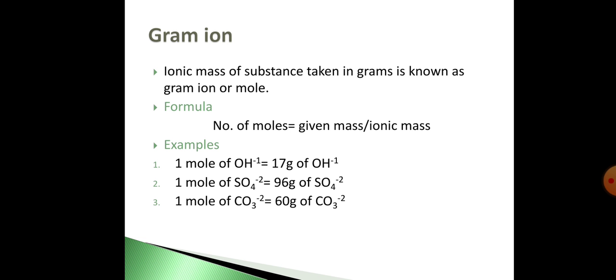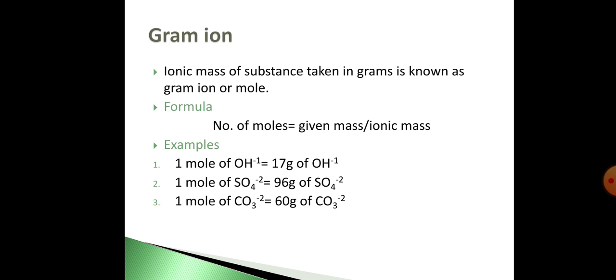And gram ion: if we take the ionic mass of an ion in gram, then that quantity is known as gram ion or simply mole. Again, the formula is the same: number of moles is equal to the given mass of the ionic substance over its ionic mass.